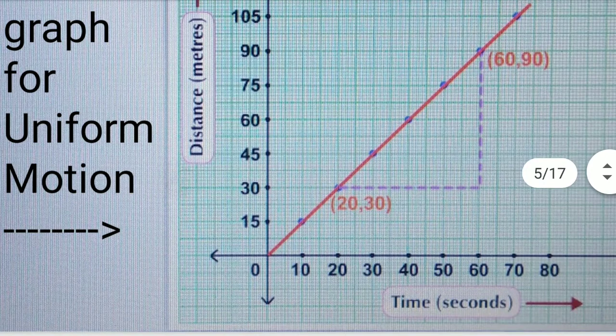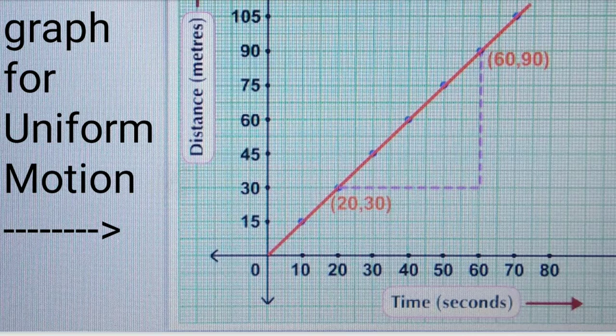It shows that the reading of x-axis is 20 seconds and the reading of y-axis is 30 meters. That means we plotted this point from the table. When the car covers 30-meter distance, it has taken 20 seconds time.